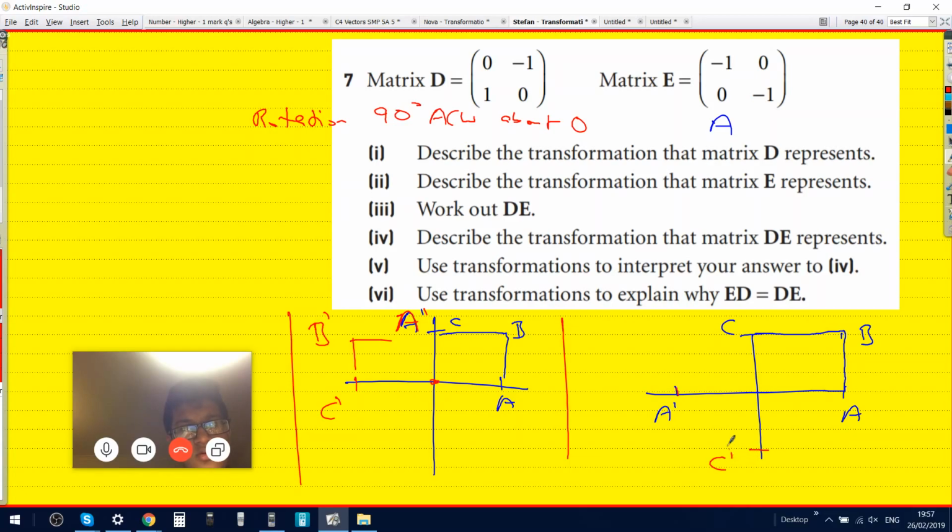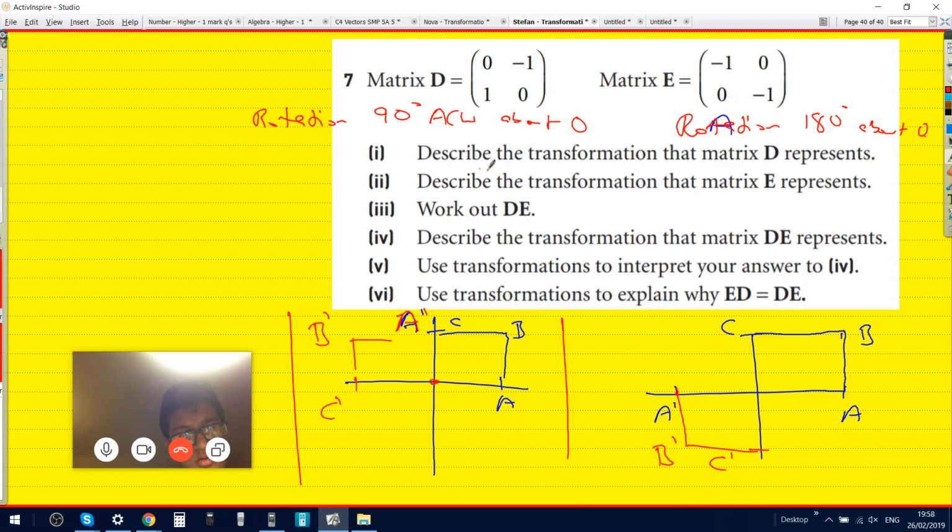So that's C dash. And that must be B dash. So that's rotation 180 degrees about O.